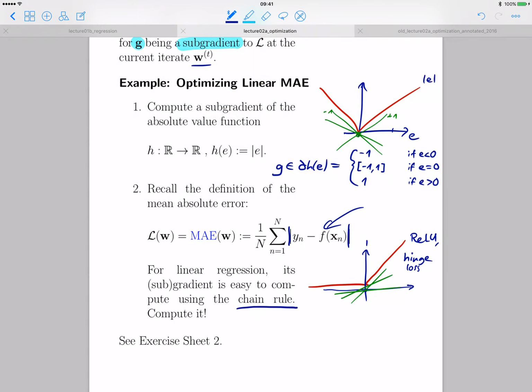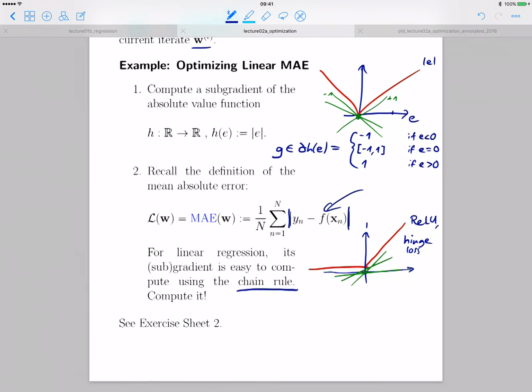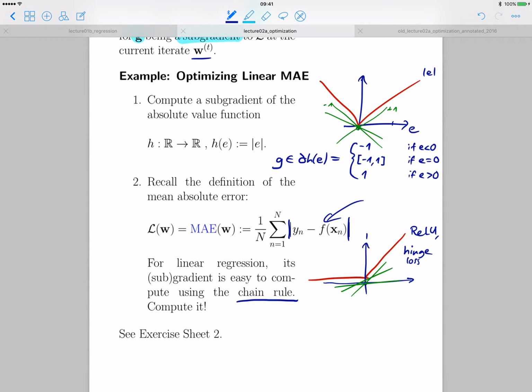Yeah, then for how to use the chain rule, this is what you're going to do in the lab. So there is actually a hint on the lab sheet on how to do that. Maybe I'll try to give it here.